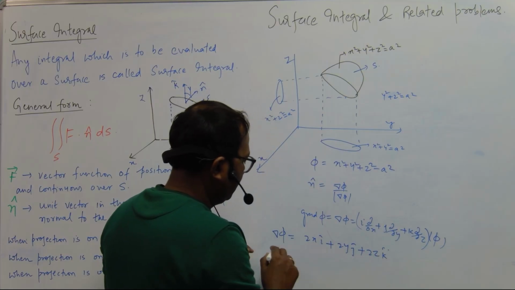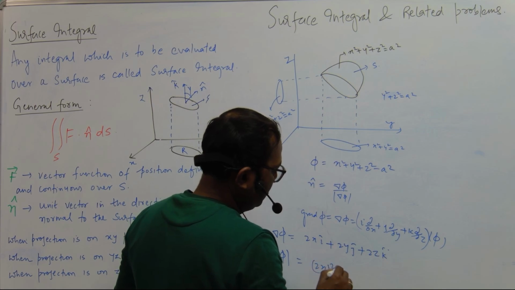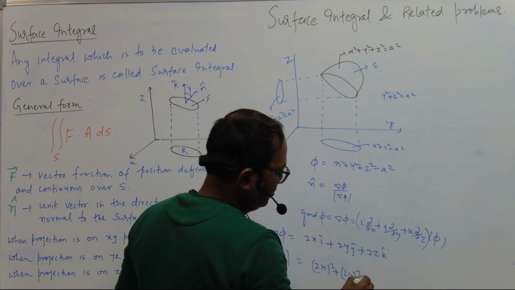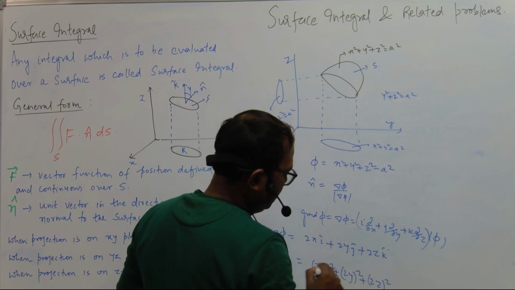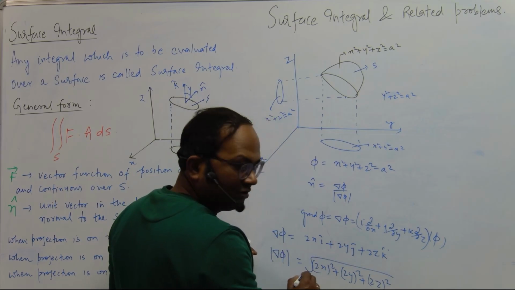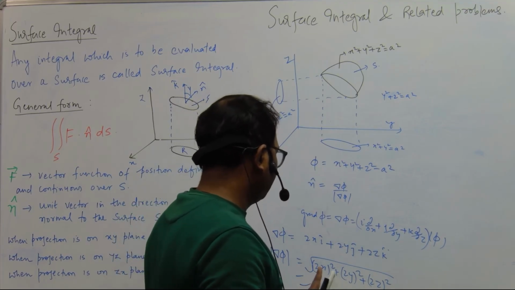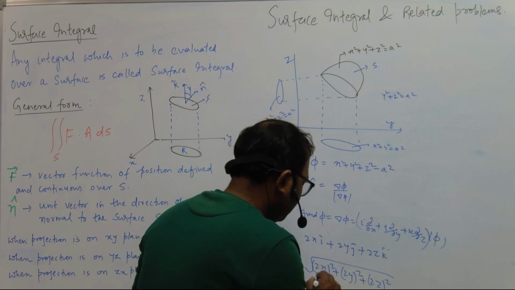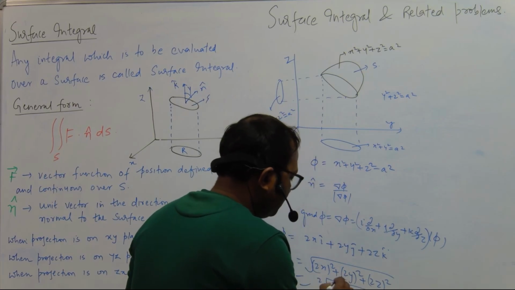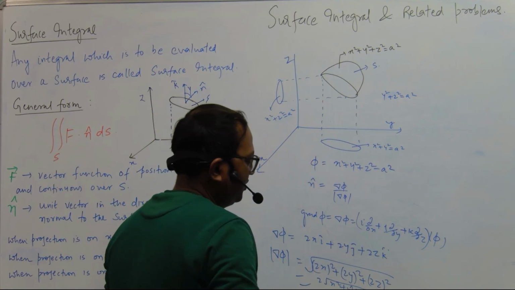This is del phi, and mod del phi is equal to the square root of (2x) whole square plus (2y) whole square plus (2z) whole square. This is equal to 2 times the square root of x square plus y square plus z square, and the value of this is a square, so this is 2a.